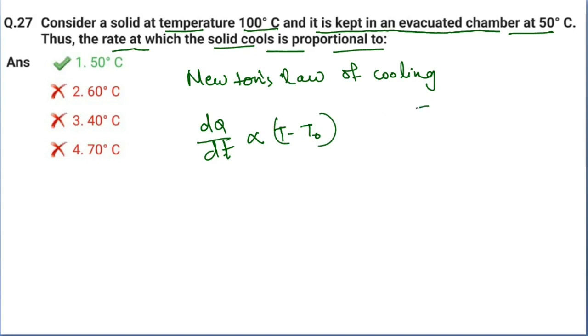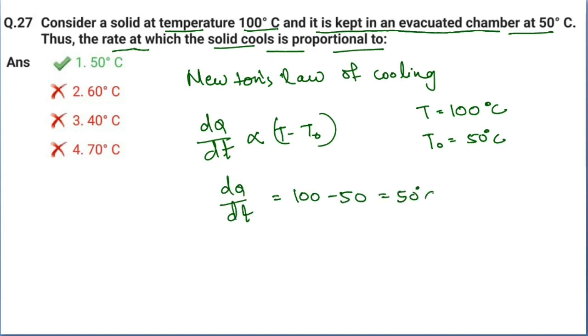Here the temperature T is given as 100 degrees Celsius and T naught is given as 50 degrees Celsius. So the rate means we have to calculate dQ by dt, that is equal to 100 minus 50, that is 50 degrees Celsius, and this is in option 1.